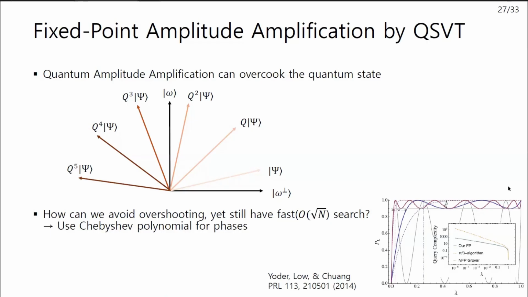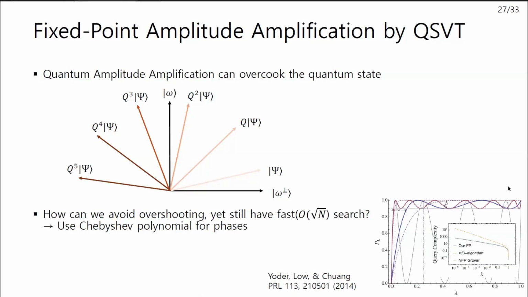If you apply the Grover operation to your initial state, it evolves to Q psi, and Q psi is nearer to our target state omega.